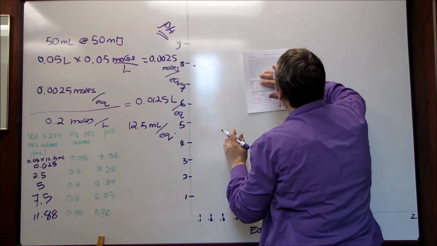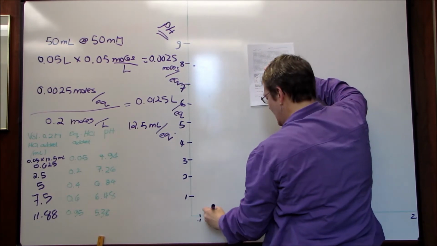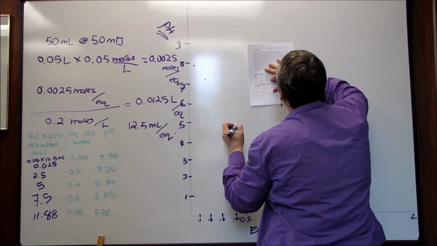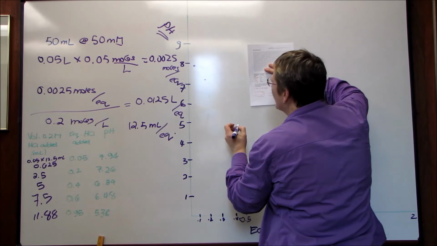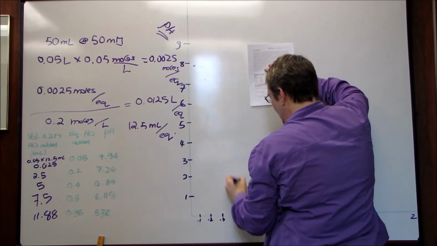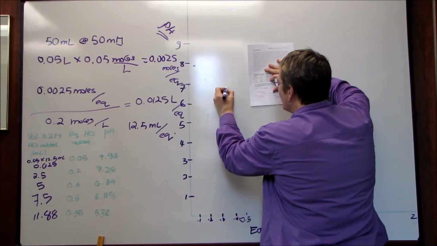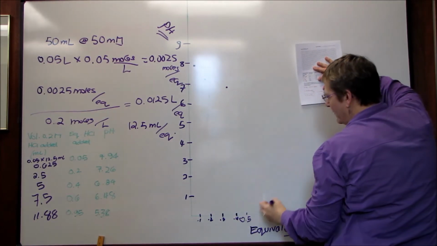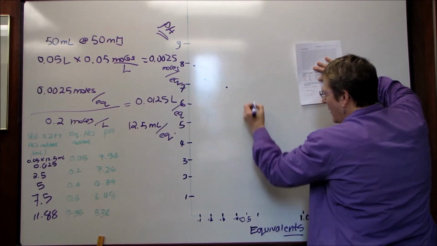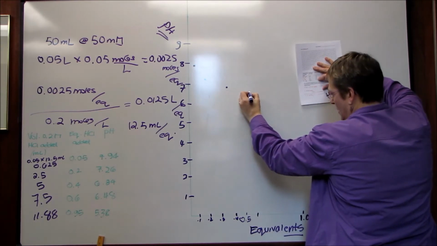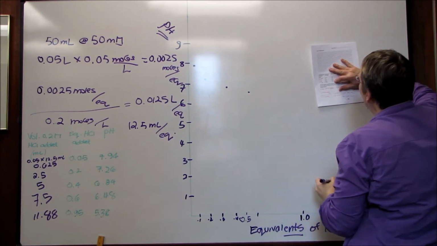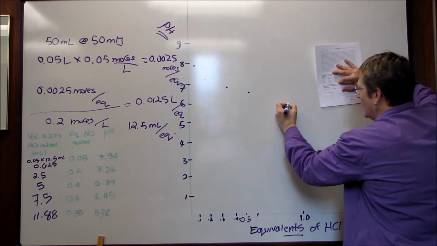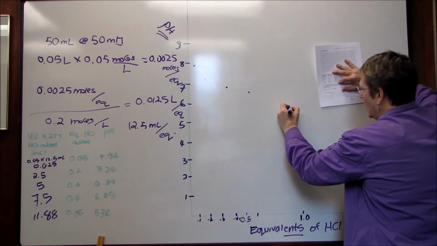I've got 0.2 and 7.26, and I've got 0.4 at 6.84 somewhere in here. I've got 0.6 at 6.48, somewhere in here. And I've got 0.95 at 5.38, so somewhere in here.